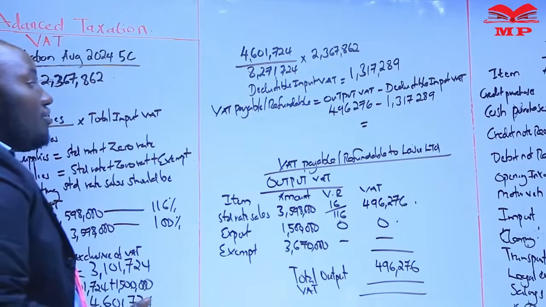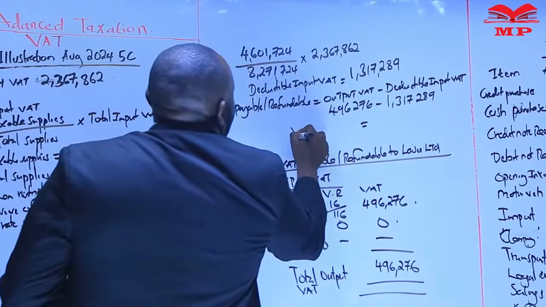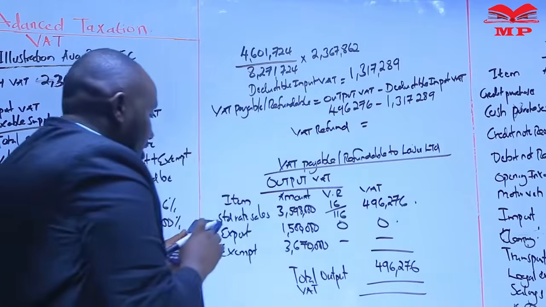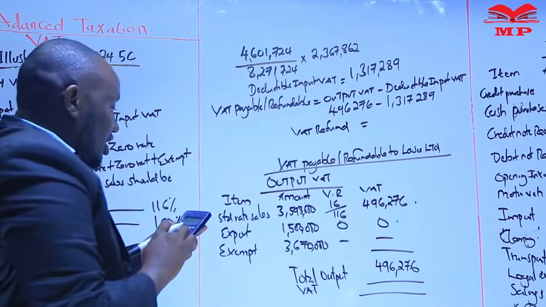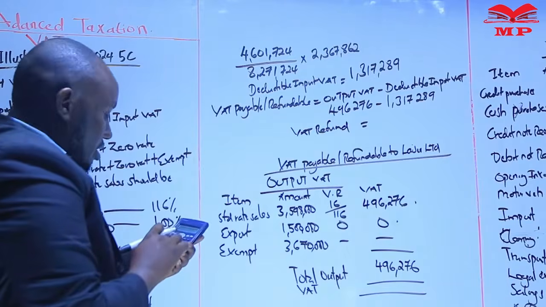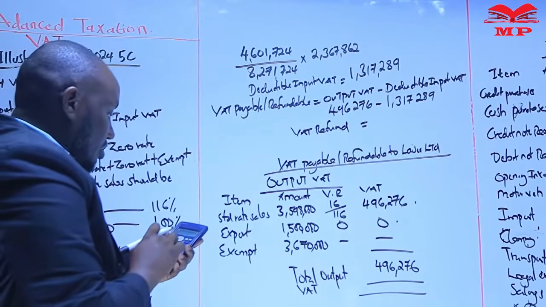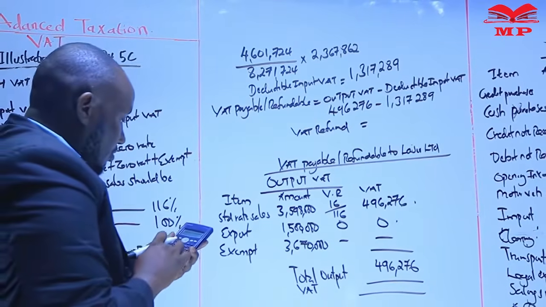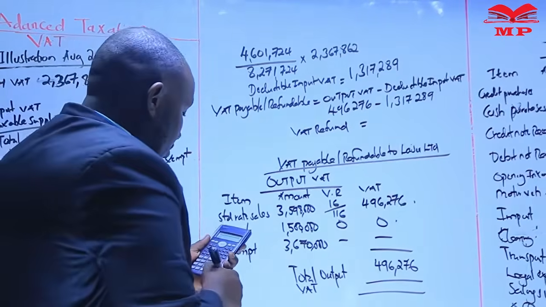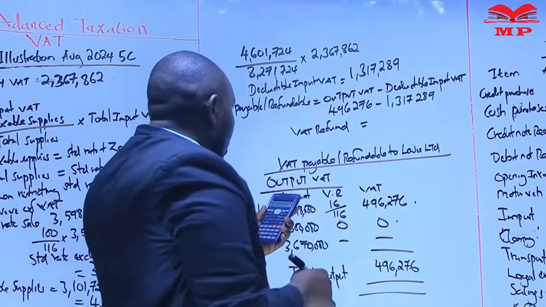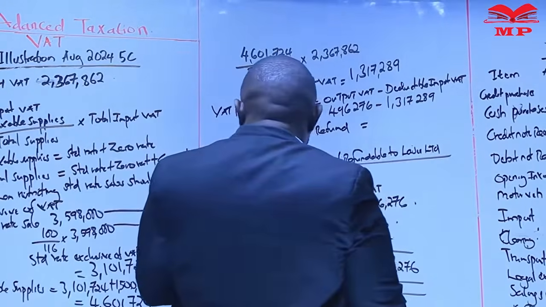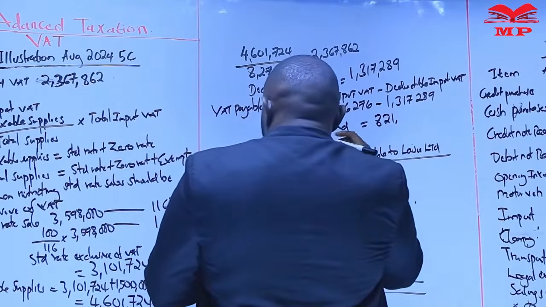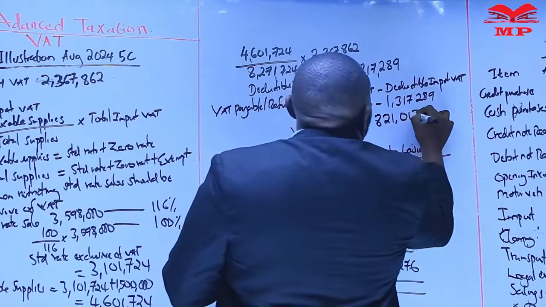But when you say VAT refund, this is basically VAT refund. So that should be a figure of 821,013.